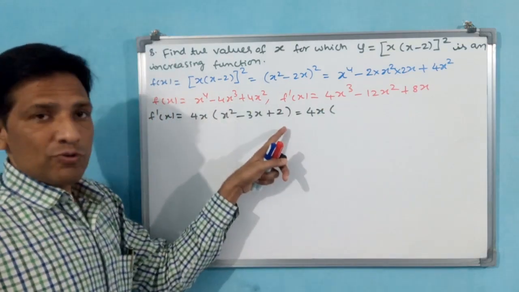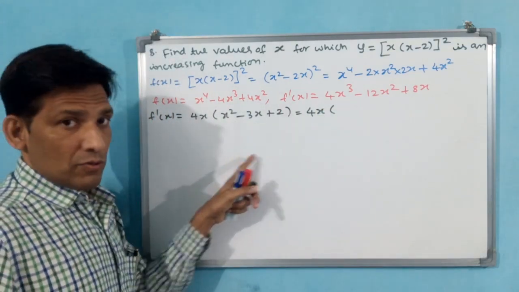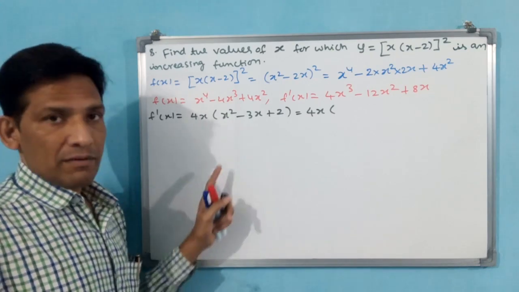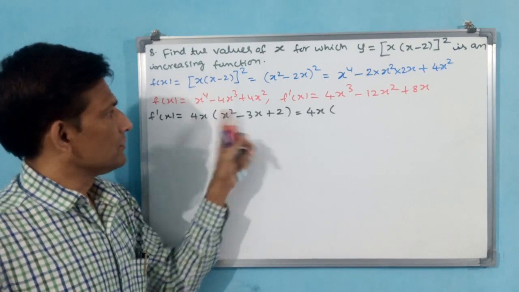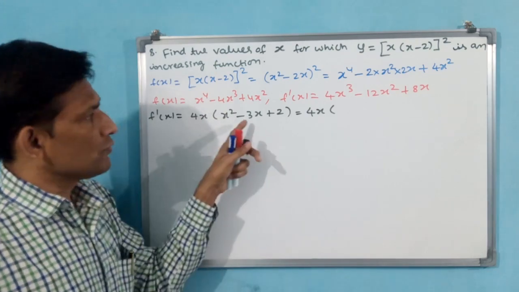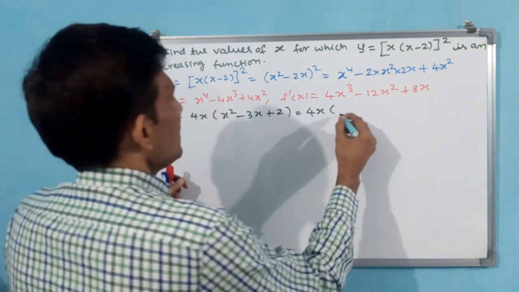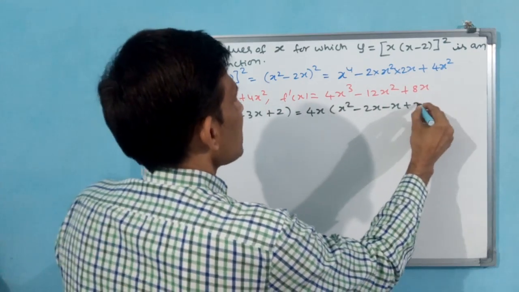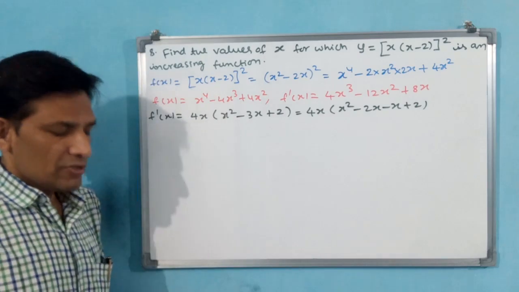You see, 1 into 2, 2; minus 2 into minus 1, plus 2; minus 3. That means minus 2x minus x, we can write. You see how I am writing? x square minus 2x minus x plus 2.